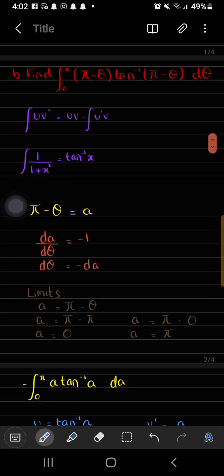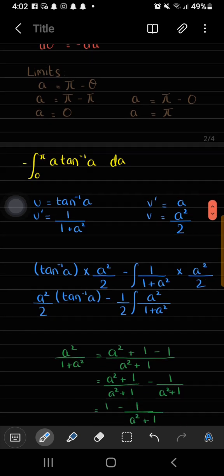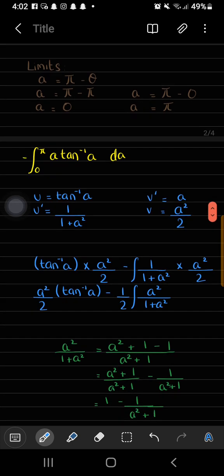Then we substituted pi minus theta with a, then we differentiated that a, so it became minus 1, and instead of d theta, we got negative dA. Then we changed the limits. There was a coincidence that we got the same limits.